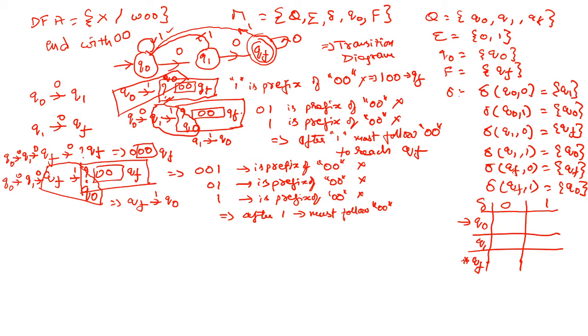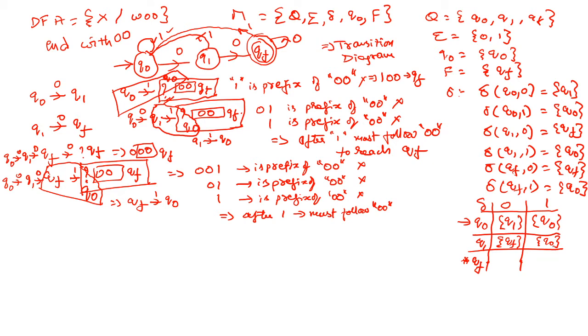Now Q0 on 0, where does it go? Q1. Q0 on 1, it is Q0. Right? Then Q1 on 0, QF. Q1 on 1 goes to Q0.